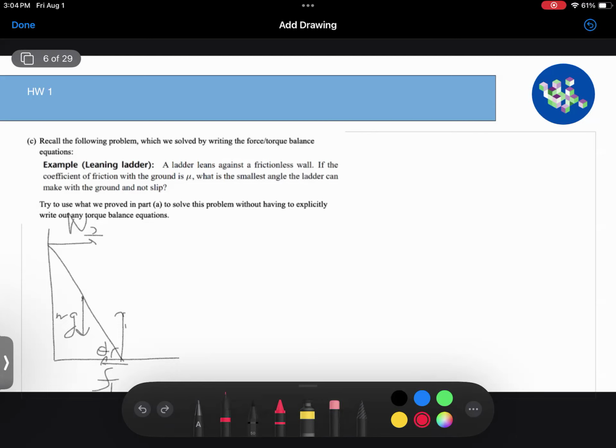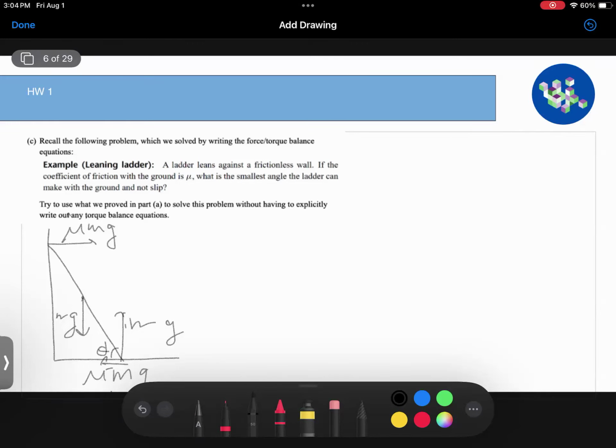Because F1 is the friction coefficient times the normal force, I can erase the friction force and replace it with mu mg. And now I want to replace N2 with mu mg, because we have horizontal force balance. So mu mg over here.